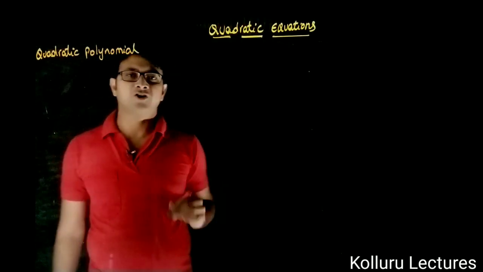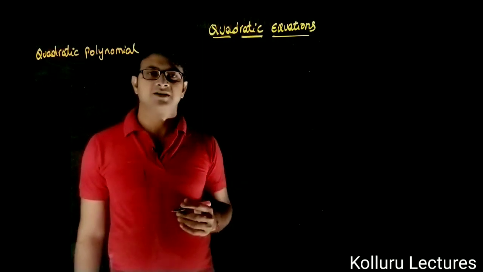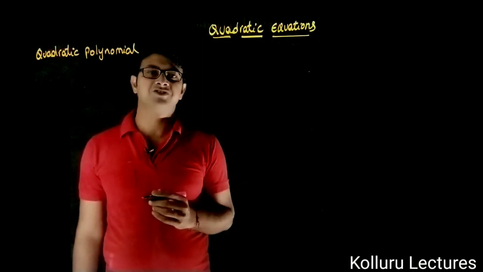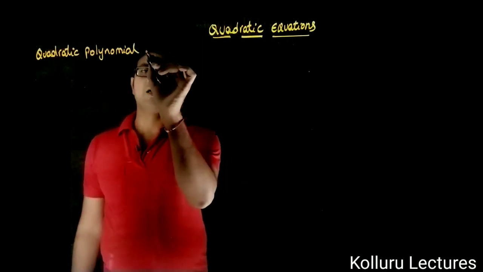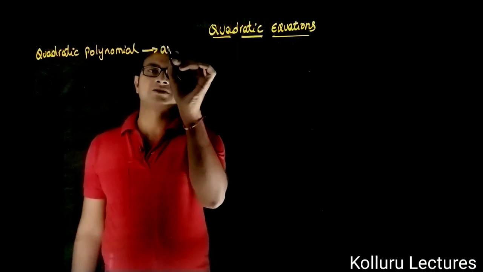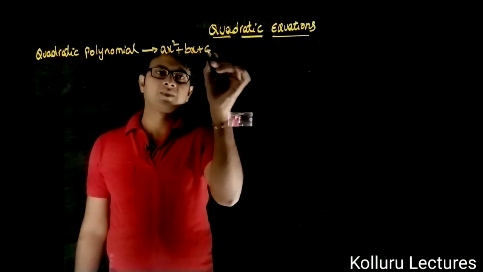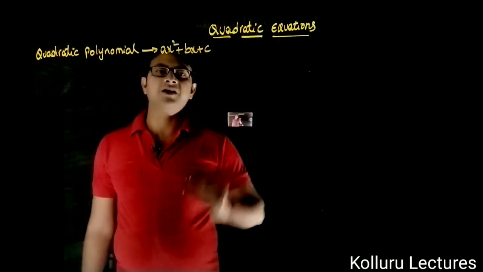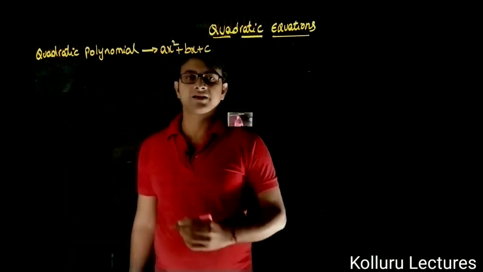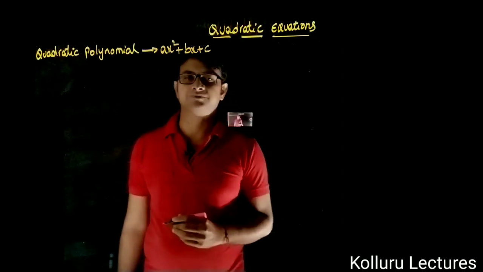A quadratic polynomial is nothing but an algebraic expression in the form of ax square plus bx plus c, where a, b, c are constants and x is the variable.